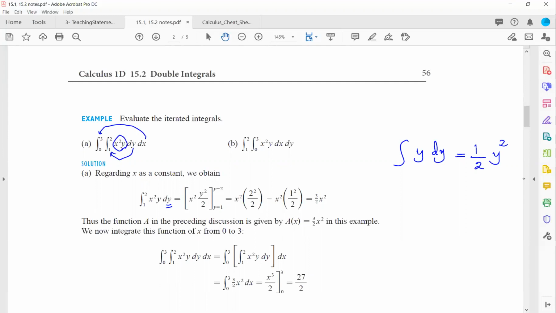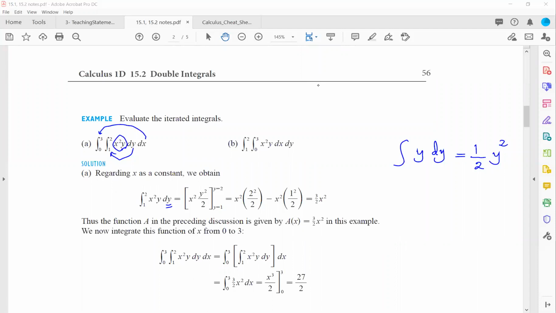We get x squared, 2 squared divided by 2, minus. Then we plug in 1 for y: x squared, 1 squared divided by 2. Then we start simplifying the rest of it. 4 over 2 minus 1 over 2, 3 halves x squared.